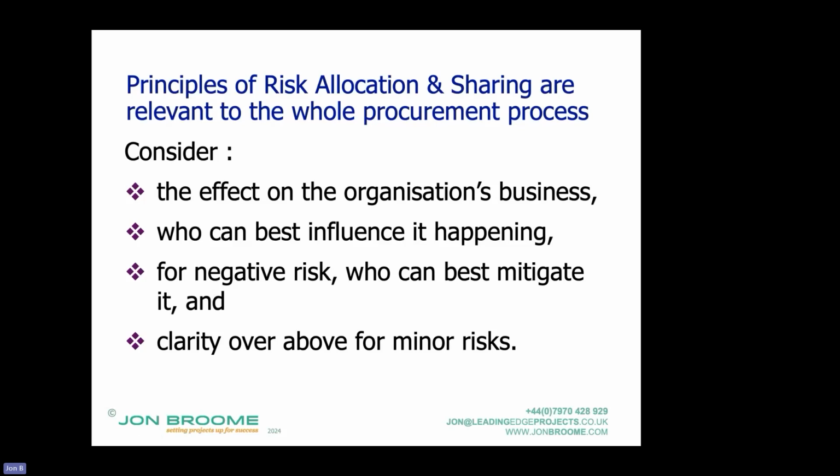So proactively preventing a threat type risk occurring, or proactively making an opportunity type risk happen. And clarity above all for minor risks, generally allocating them to the contracting party, because you don't want to have arguments over, in NEC speak, whether it is or isn't a compensation event.